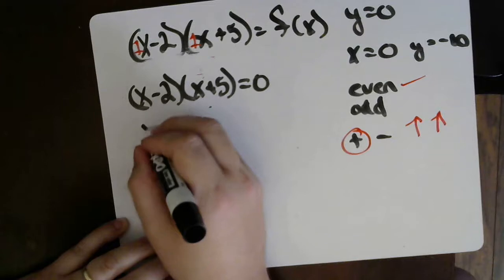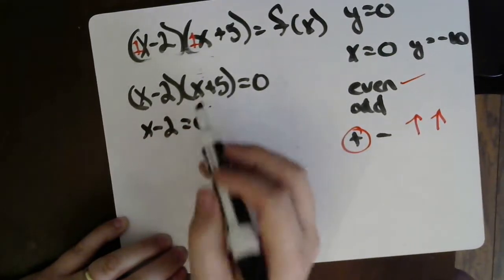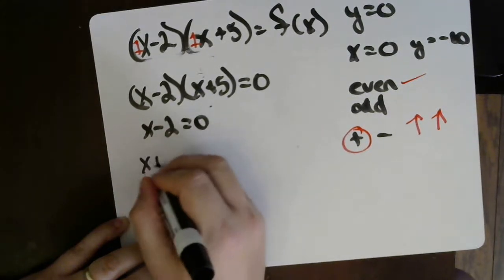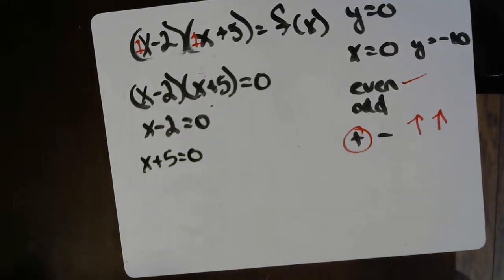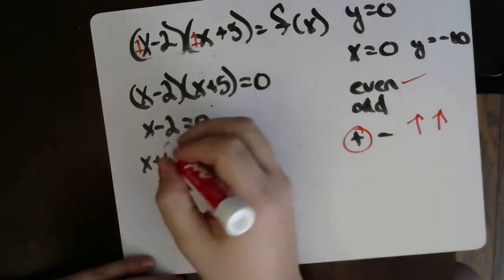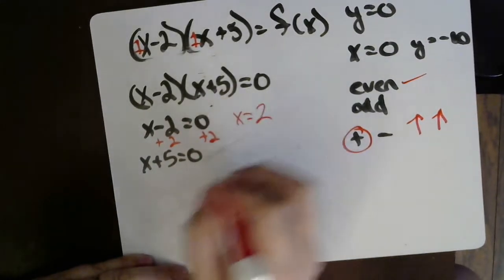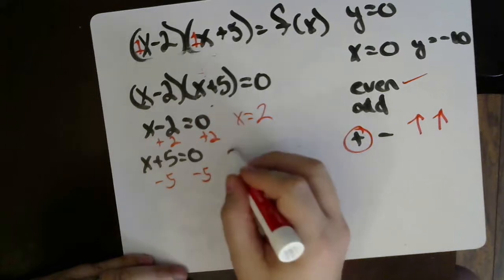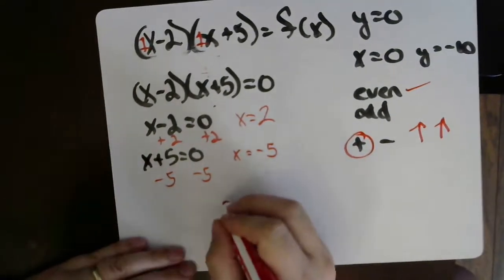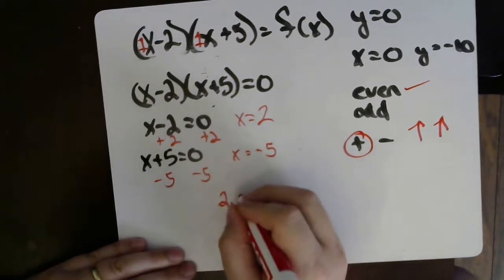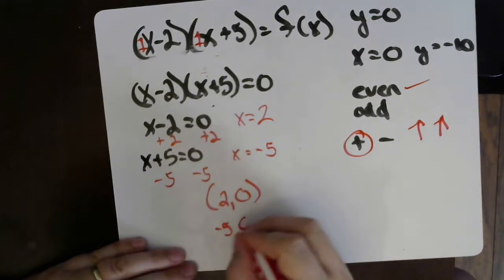So we're saying when x minus 2 is equal to 0, it doesn't matter what that is, the whole thing is 0. And the same thing with x plus 5. And then we just solve for x. So in this case, we add 2 to both sides, and that gives us x is equal to 2. We subtract 5 from both sides, and x is equal to negative 5. So we just proved that when x is 2, y is 0, and when x is negative 5, y is 0.